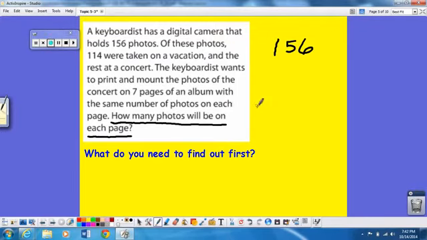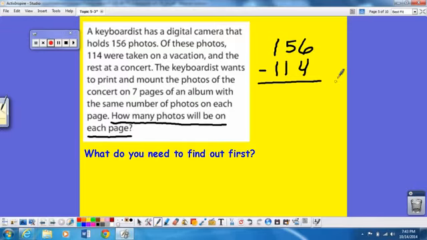So my hidden question in this problem is, how many of those pictures were taken at a concert? It doesn't tell us that. We know 114 of them were taken on vacation and the rest were at a concert. So if we subtract the ones taken on vacation, won't that leave us the ones taken at a concert?